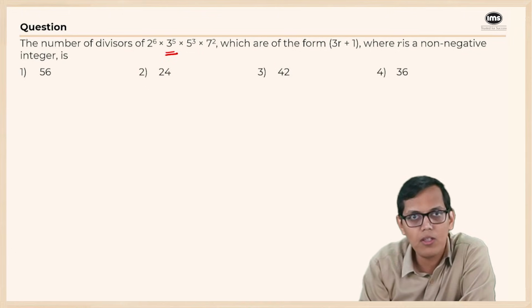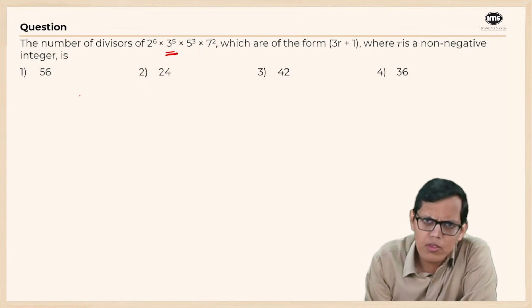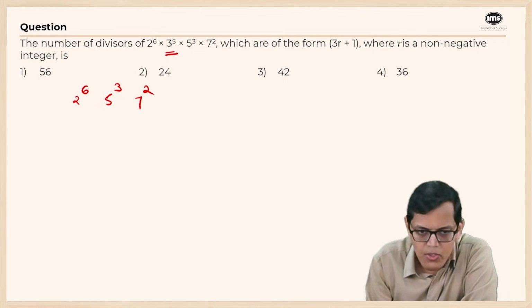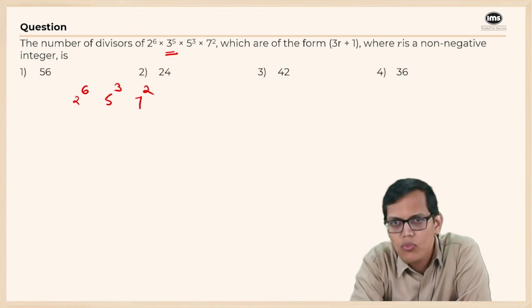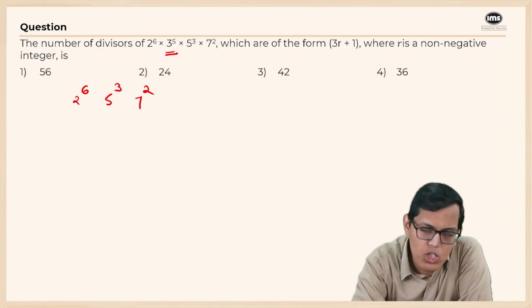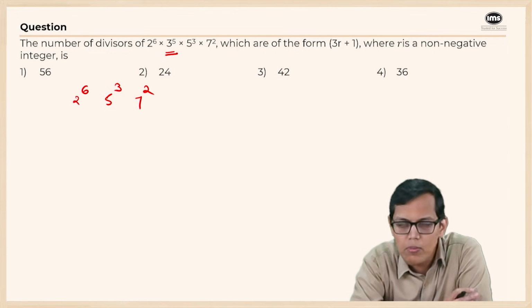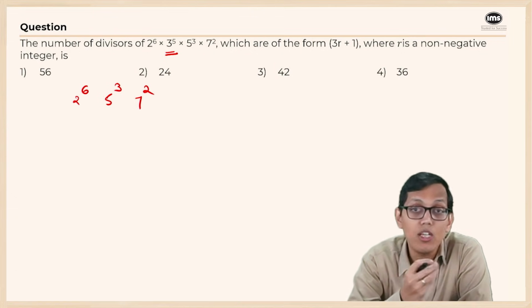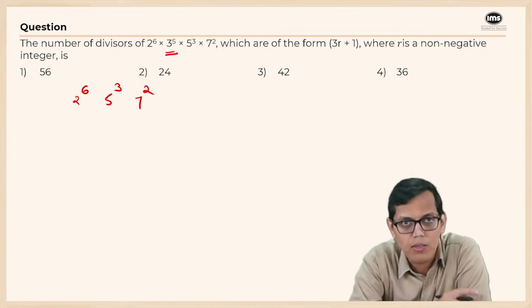We cannot touch it. So the participants here would be the rest of the numbers: 2⁶, 5³, 7². 2, 5, 7, none of them is actually a multiple of 3. They have a potential to create something that is capable enough to leave a remainder 1 when divided by 3.